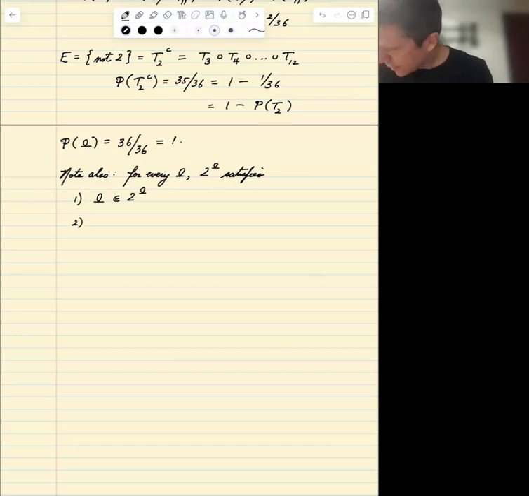And if A is in 2 to the omega and B is in 2 to the omega, then the intersection is in 2 to the omega, and therefore is an element of the power set.